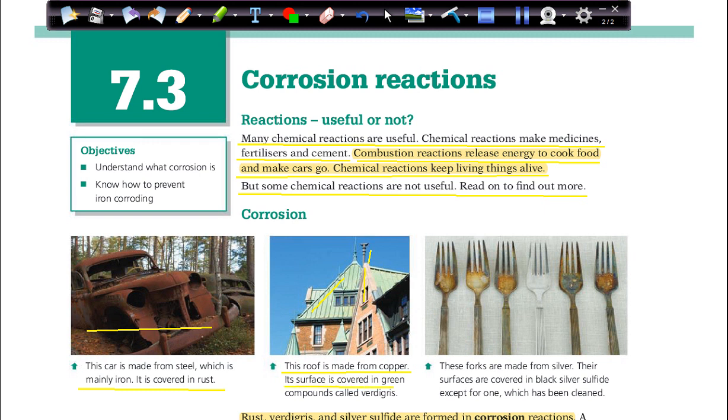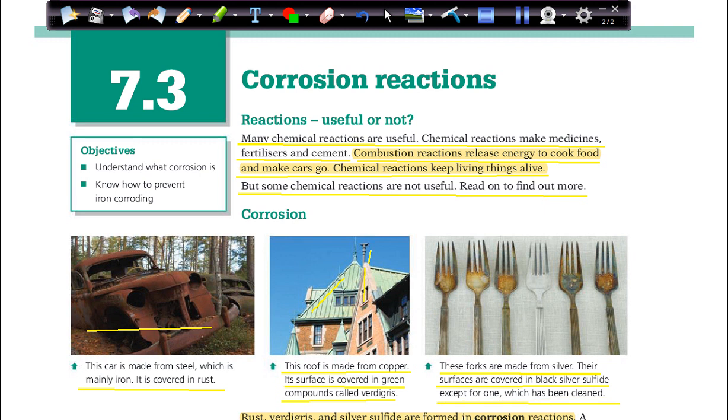Its surface is covered in a green compound called verdigris. And here we have old, rusty forks. These forks are made from silver. Their surfaces are covered in black silver sulfide, except for one which has been cleaned.